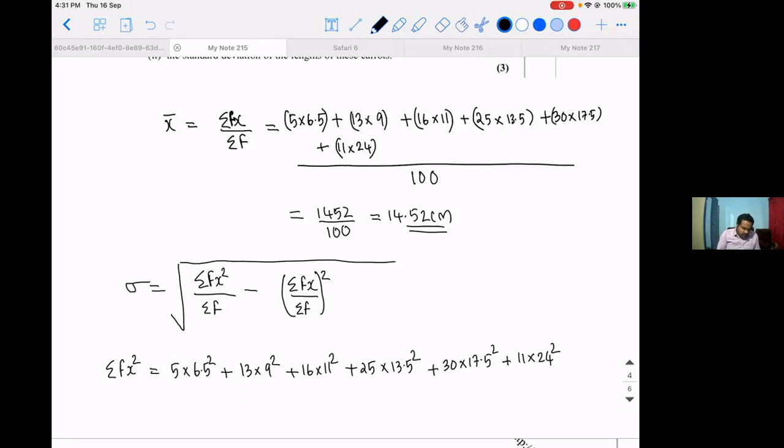5 times 6.5 square plus 13 times 9 square plus 16 times 11 square plus 25 times 13.5 square plus 30 times 17.5 square plus 11 times 24 square.